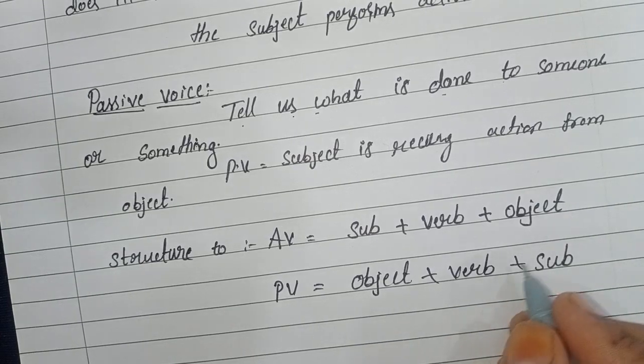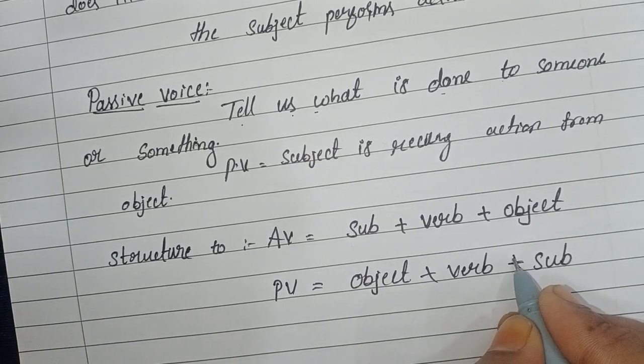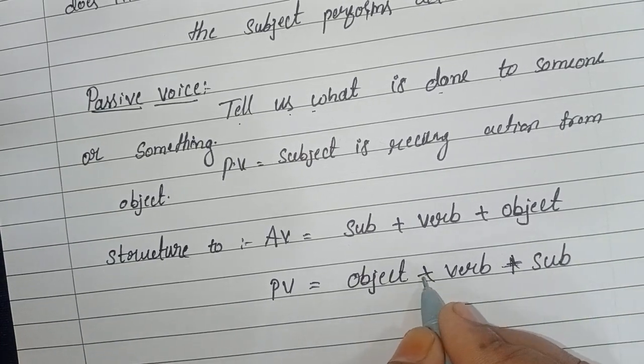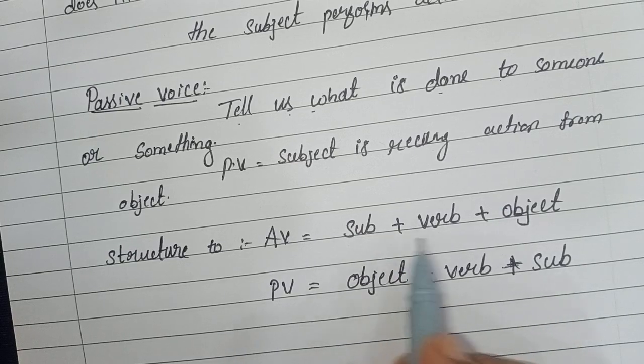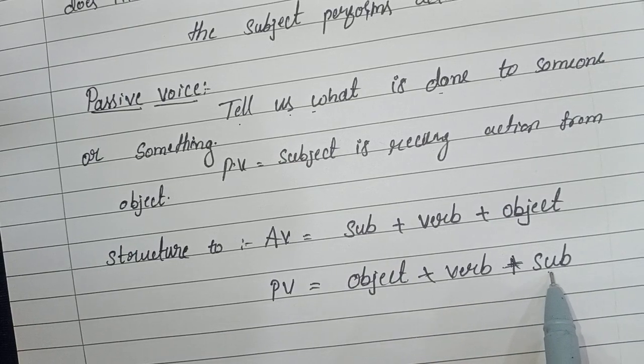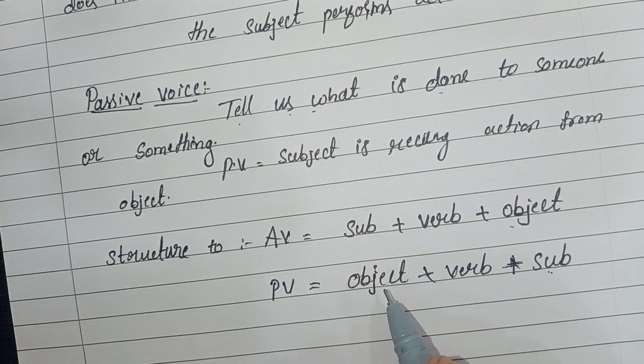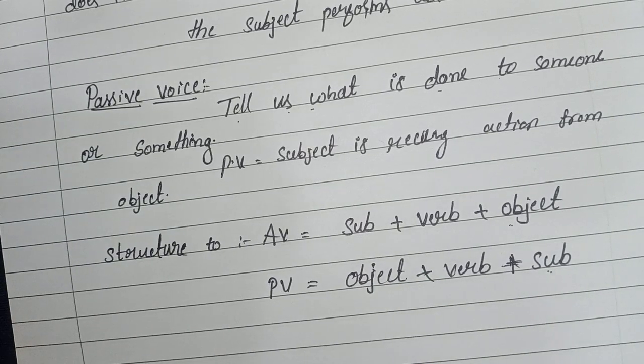Here we have to follow the rule of X. Subject goes to the end of the sentence and object comes at the beginning of the sentence. This is the structure of the active voice and the passive voice.